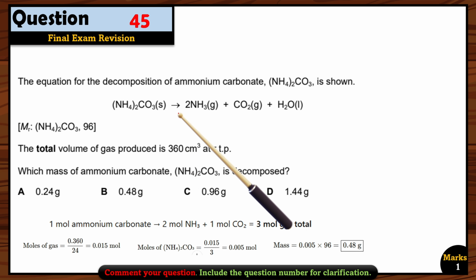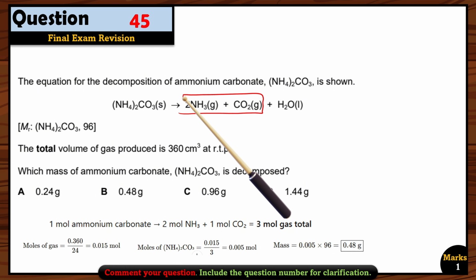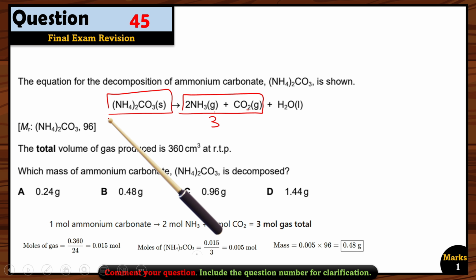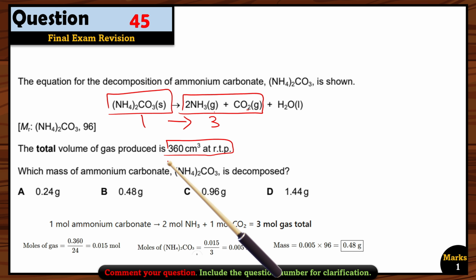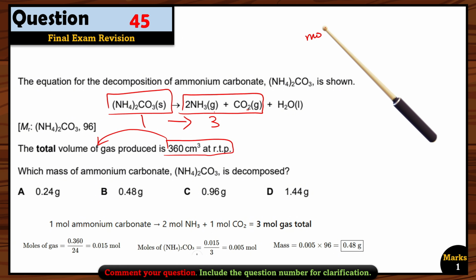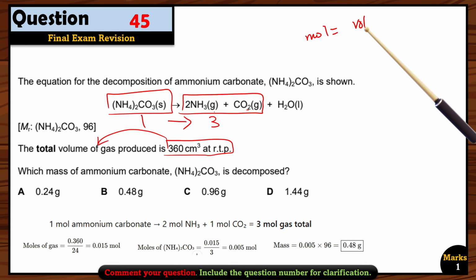It means the total gases, how many do we have here? Actually 3, right? They are all gases. So 3 gases are produced from how many moles of the ammonium carbonate? 1 mole. So if 1 mole is producing 3 gases, we have to find the number of moles from this volume. So we already know that moles is equal to volume divided by 24 dm cube.